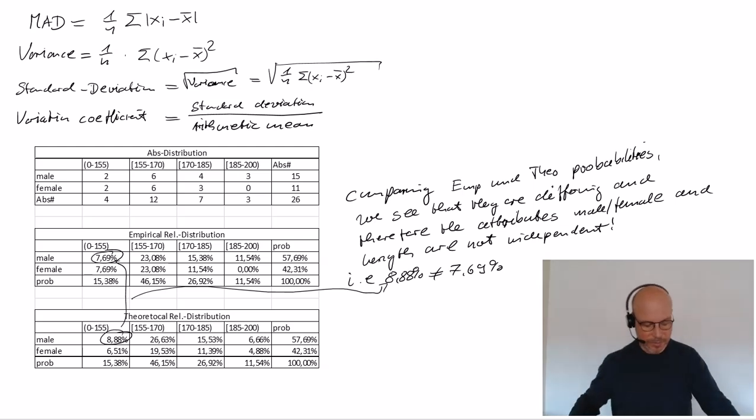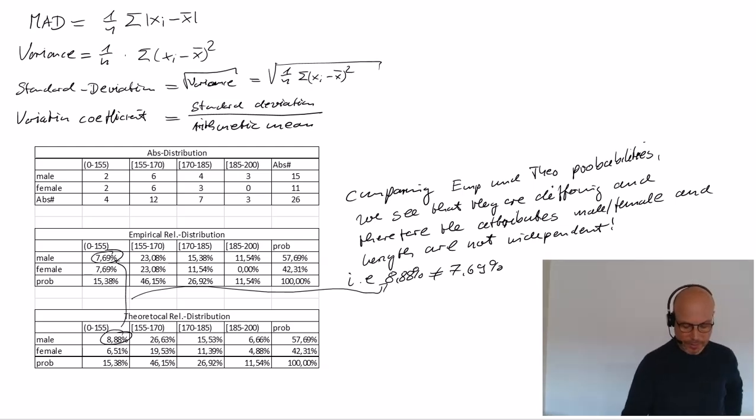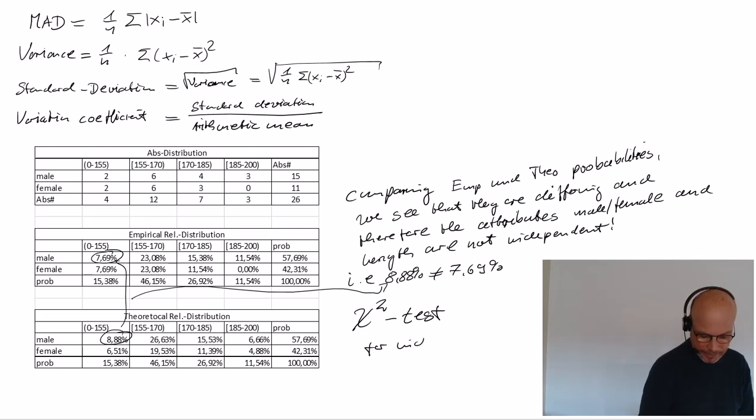So maybe some of you have heard of this, and this is called the chi-squared test for independence.